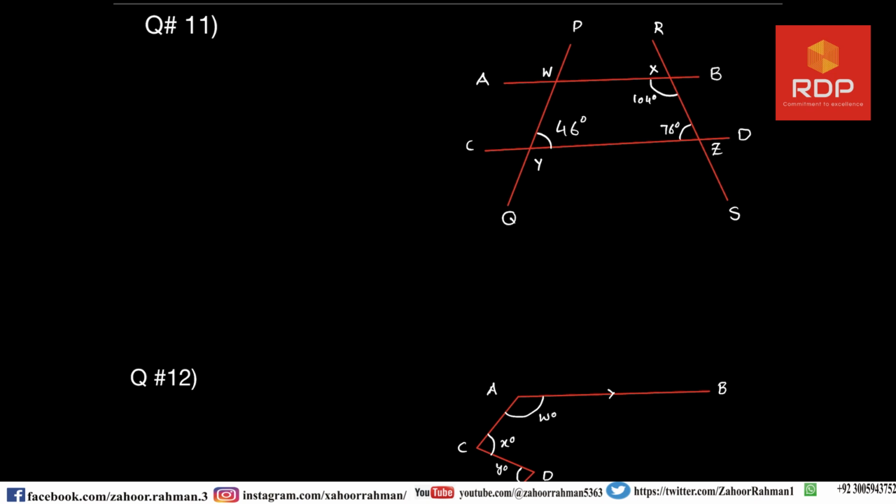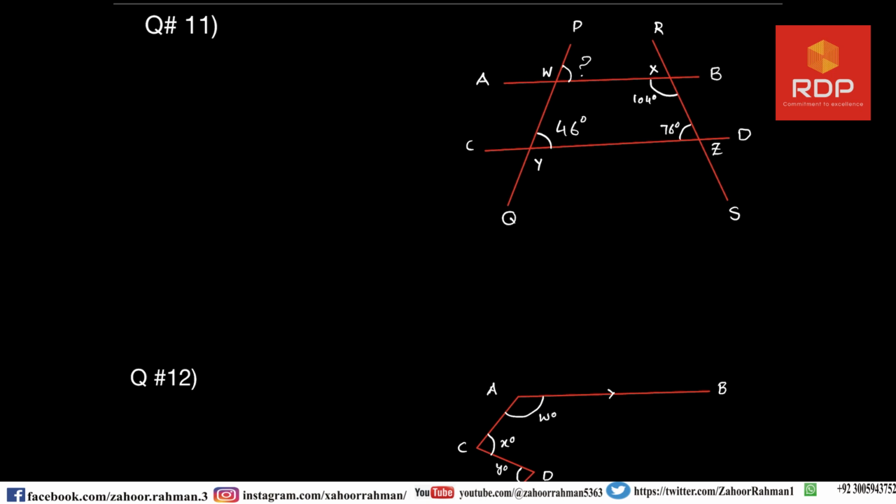And another piece of information, CZR, which is this angle, and that angle is given as 76 degrees. Find BWP. So we have to find this angle. This is the angle of our interest.